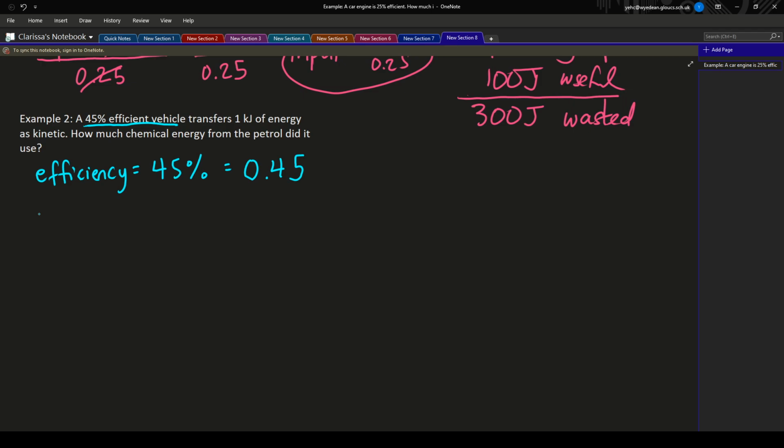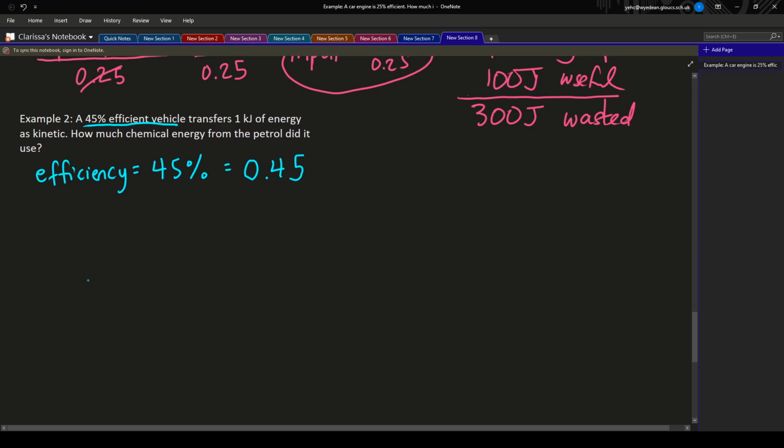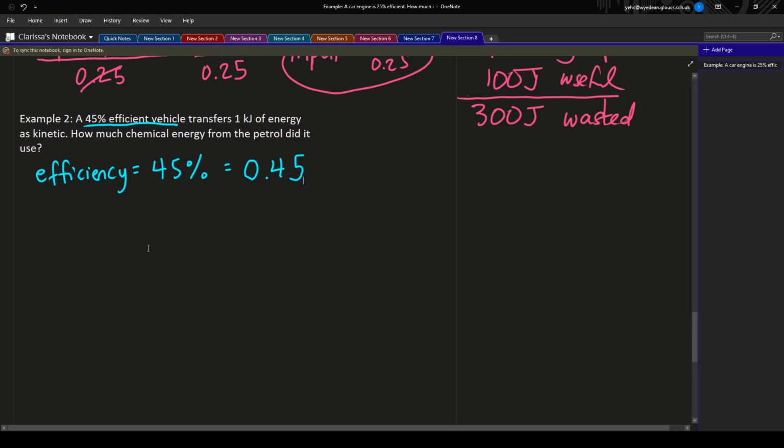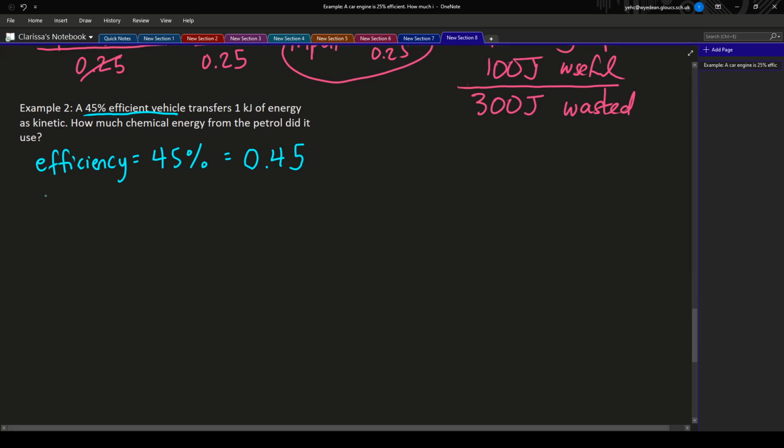Now think about it, this is a vehicle. That 1 kilojoule of energy that is kinetic, is that a wasted energy? Is that a useful energy? Is that an input energy? This is a vehicle now. What would I write here when I make my list?